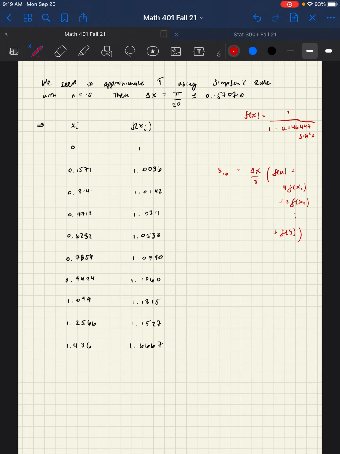All the way until you get down to the last one. So just keep track of what you need to multiply each one by. So 1, 4, 2, 4, 2, 4, 2, 4, 2, 1. And if you're following along by using a spreadsheet, just go ahead and put those next to each other in a different column.